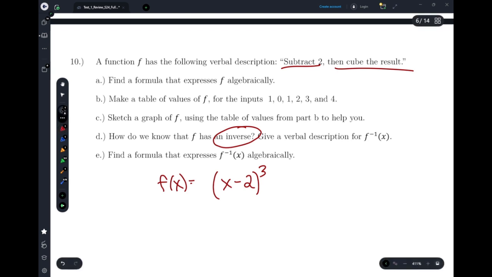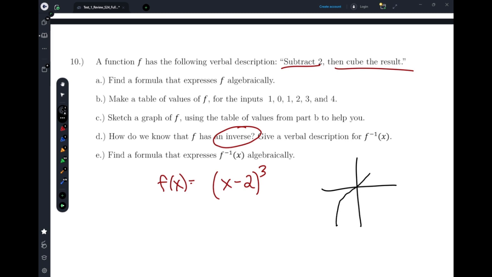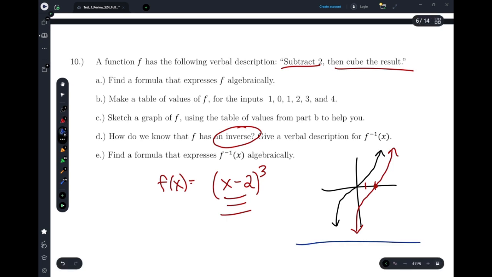I'll tell you right now, the easier way to tell it has an inverse is because from the first day of school, you memorize what the toolkit function is, right? And so what is this? What's the only shift that's happening to this? Horizontal shift to the right by 2? So that red function does something really nice and neat. What does it do?